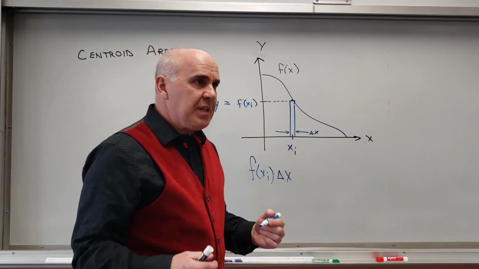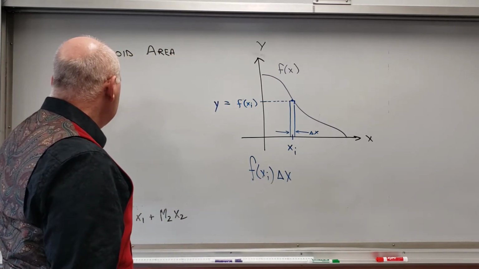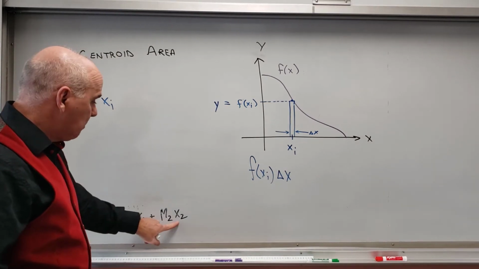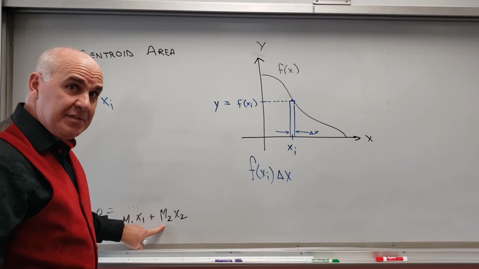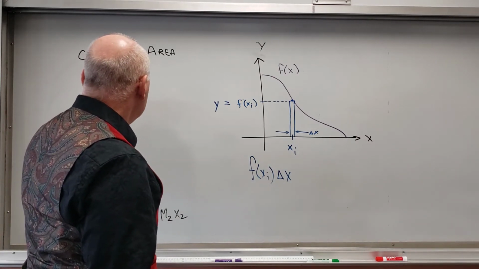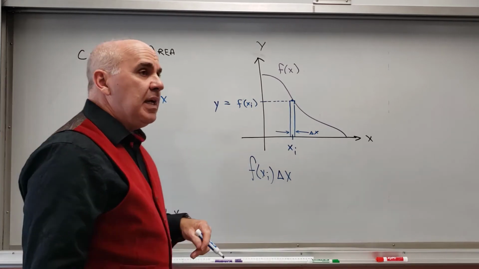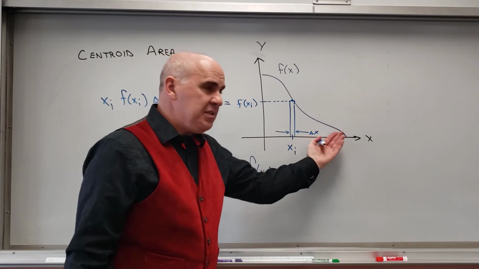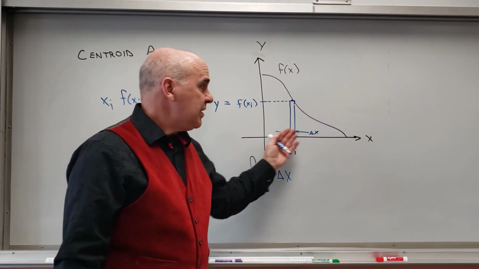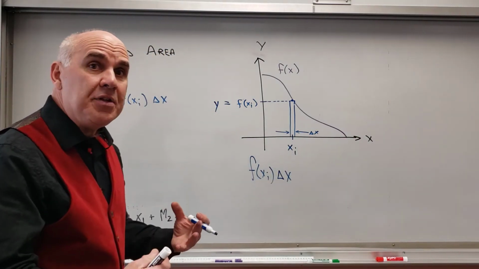And so what I do is I take the position, x sub i, like I did here with the moments, the center of mass. Here's the position, and I multiplied by mass down here. I'm going to multiply by area. So it's going to be f of x sub i times delta x. And so when I want the centroid, at least along the x-axis, of all of these points, I have to add them all together, right?